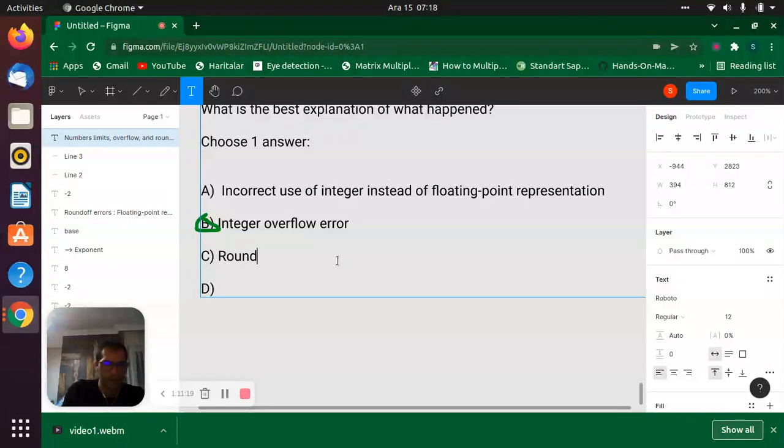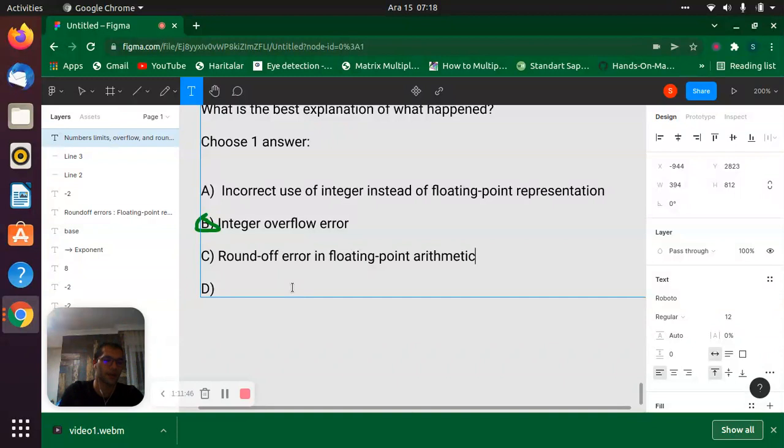Some examples around error in floating point arithmetic. It's not about round-off error. I told you it's 32-bit, but there is too much information.